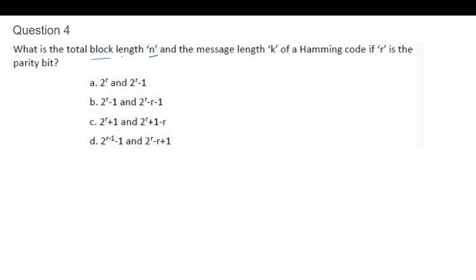N is the block length, K is the message length, and r are the parity bits. So for each r greater than or equal to 2, n will be 2 to the power r minus 1 and the message length k will be 2 to the power r minus 1 minus r. Let's take an example and see.